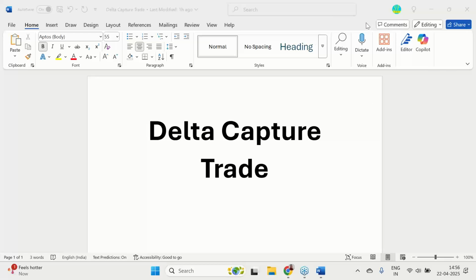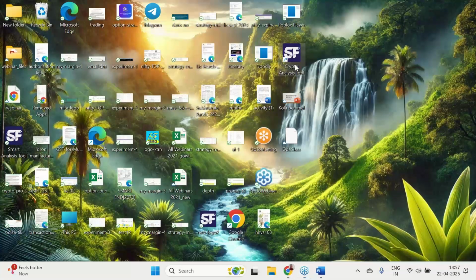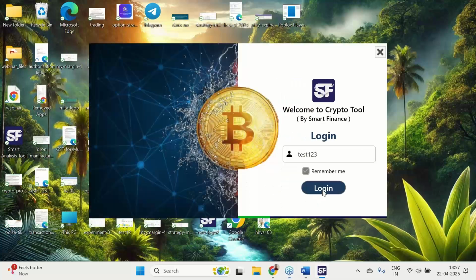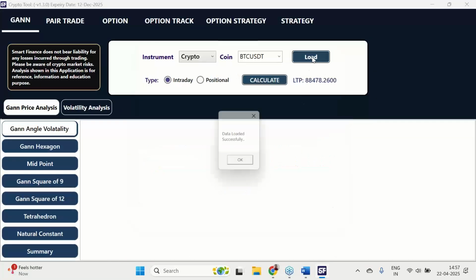First, you need to understand the trend. Any method you follow, if you are following technical studies, you follow the trend analysis of that. If you are following the GANN studies, you can follow the GANN studies for that. If you are following the volatility studies, you can follow that also. We have a very fantastic tool for crypto wherein we are doing all kinds of analysis in crypto using GANN angle and volatility.